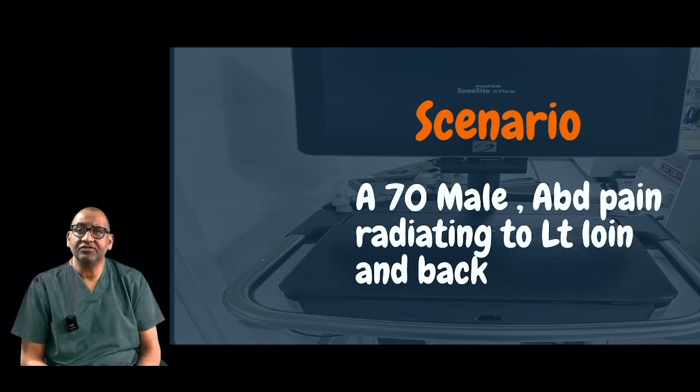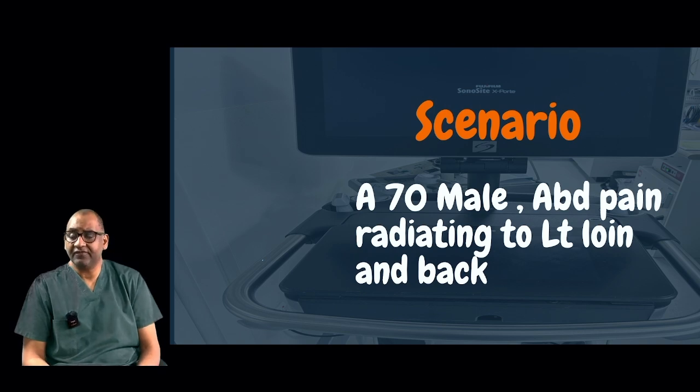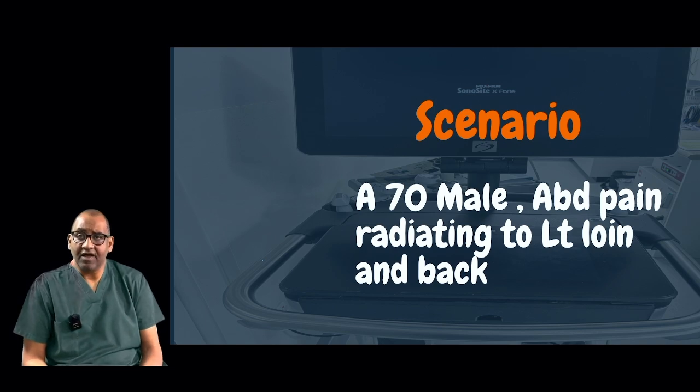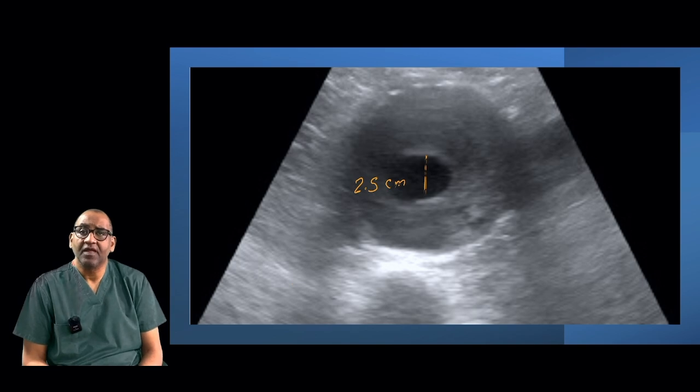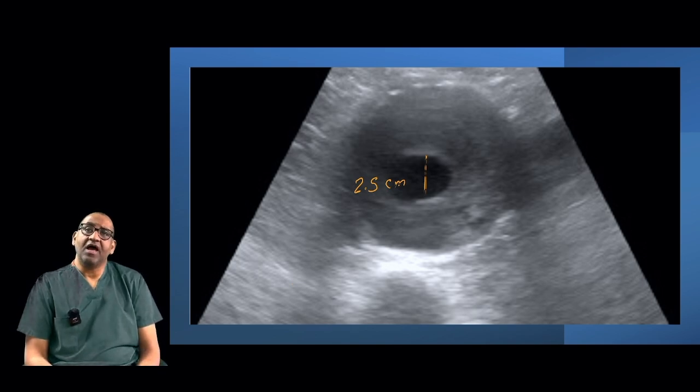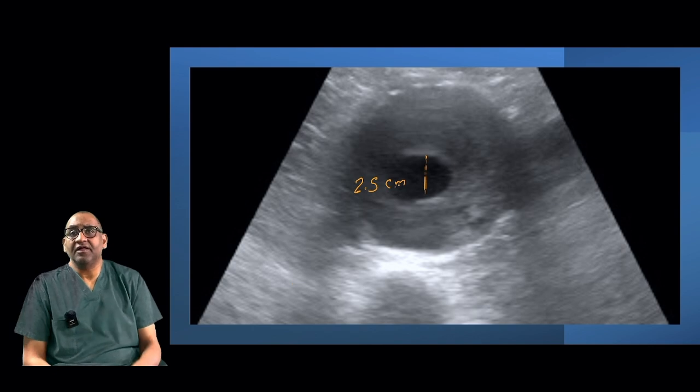We have a 70-year-old male presenting with abdominal pain radiating to the back and to the left loin. An enthusiastic registrar took the ultrasound and had this image that shows the aorta, and he measured that echoic area, which is 2.5 centimeters, thinking that this is the diameter of the aorta.